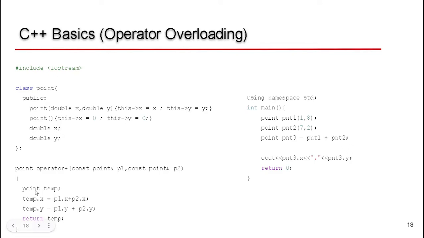Temp is the new point that you are going to return, which consists of p1x plus p2x and p1y plus p2y, and return the addition, the new point, the temp point. So here we have point 1, point 2, and we make the addition. It's a very clean way to write your code.